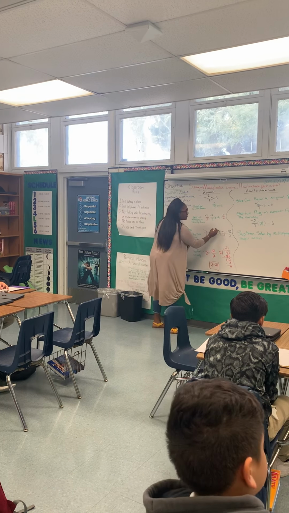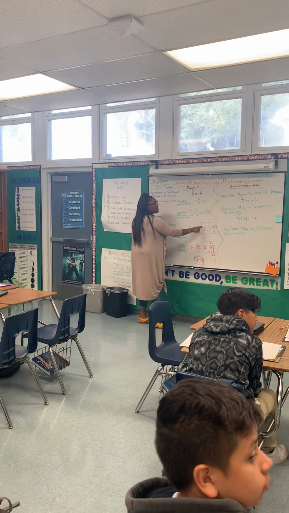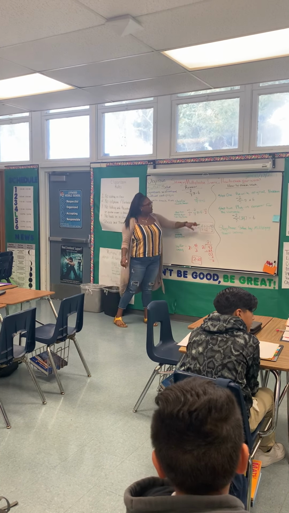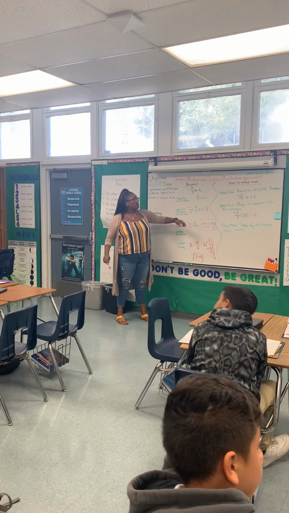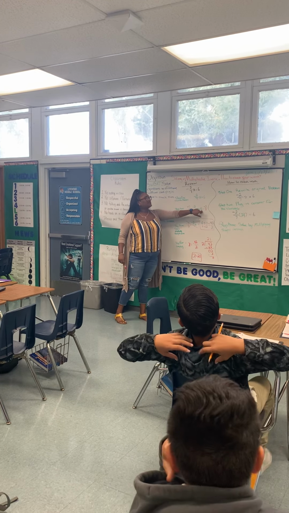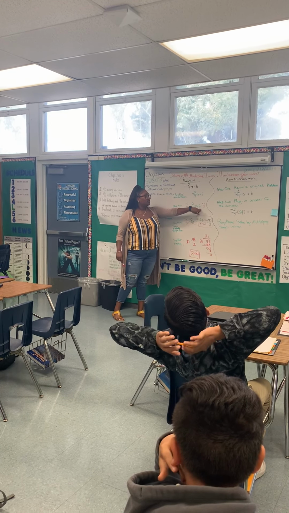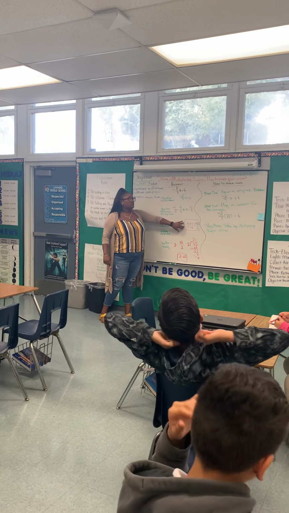Let's look at this section. 6 didn't start off as a fraction. What do we do to make 6 look like a fraction? Hands down. So Jose, you see this 6 here, it did not start off as a fraction. But now we have a fraction right here. We have 6 over 1.